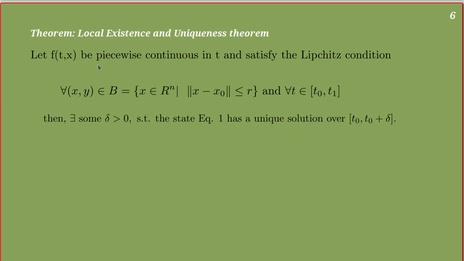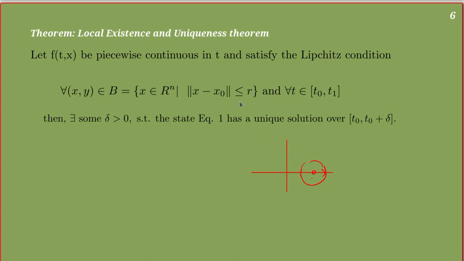If f(t, x) is piecewise continuous in t, and if it satisfies the Lipschitz condition for all x, y elements of B in some domain B, where we have taken x as an element of R^n, and x minus x0 is within a particular region, within a ball of radius r.